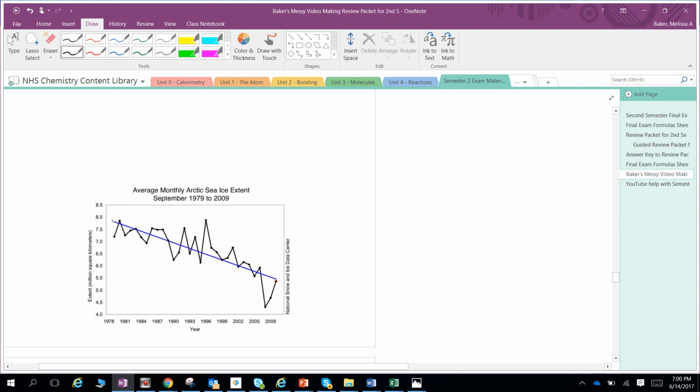So I can see starting back in like 1979 that there were almost 8 million square kilometers of Arctic sea ice, and in the year 2009 we were down, looks like underneath 6 million square kilometers. So I see a decrease over time in the Arctic sea ice.